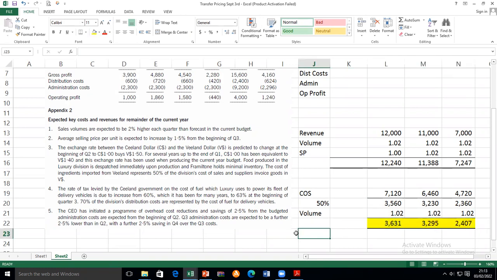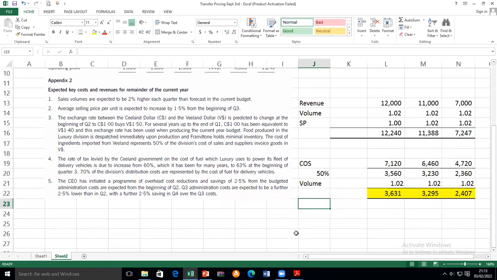What of the other 50%? This was the one which was affected by the exchange rate. Okay, so this was the import. So what do we do about this? No issues, guys. All we do is take it, multiply it by first 1.4, then divide by 1.5.